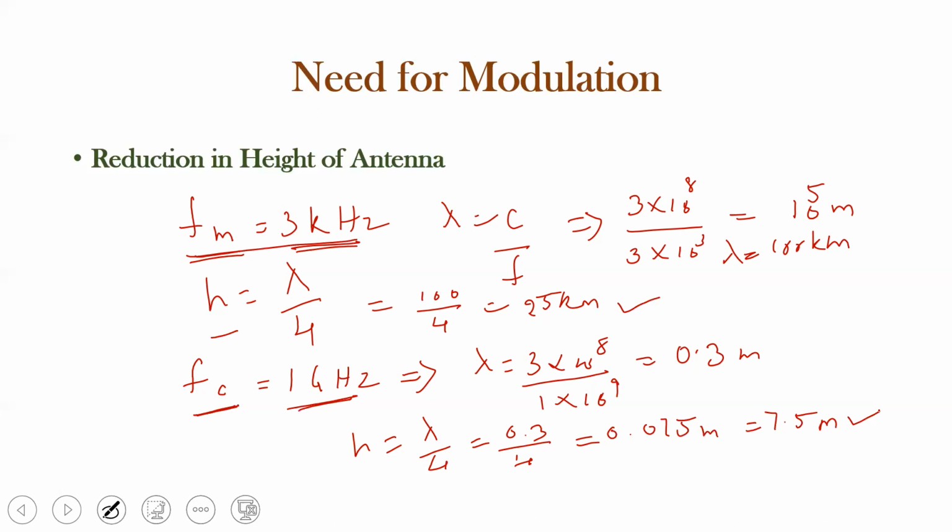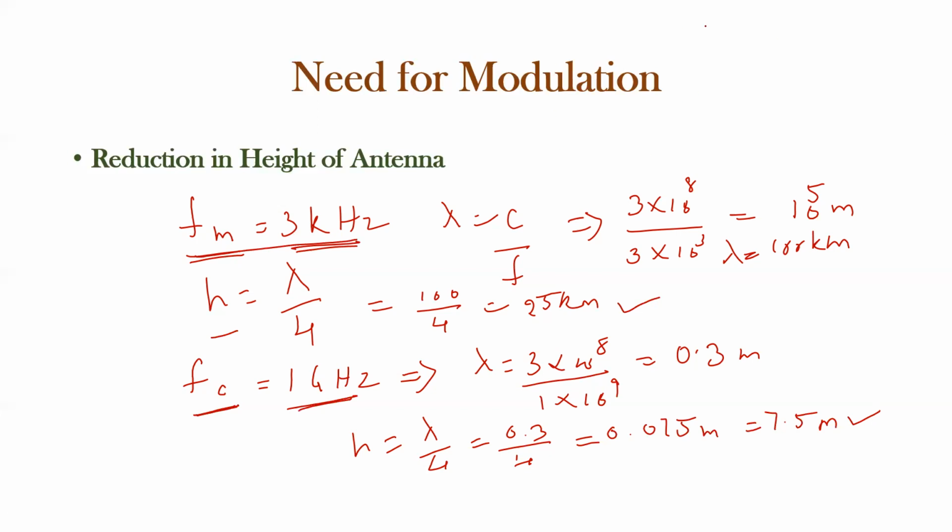So modulation will reduce the height of the antenna that is required, because installing an antenna of 25 kilometer height is highly impossible, and this can be reduced if we increase the frequency to some higher value. This is an example for that.